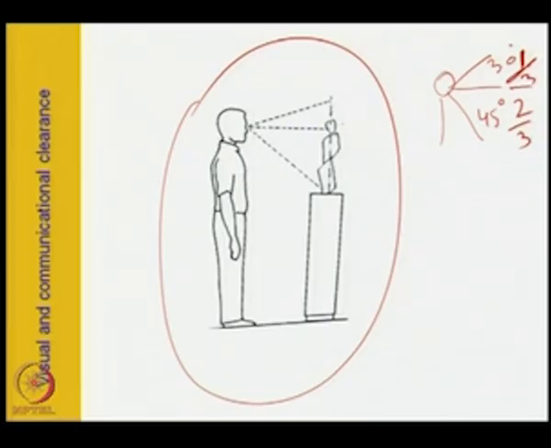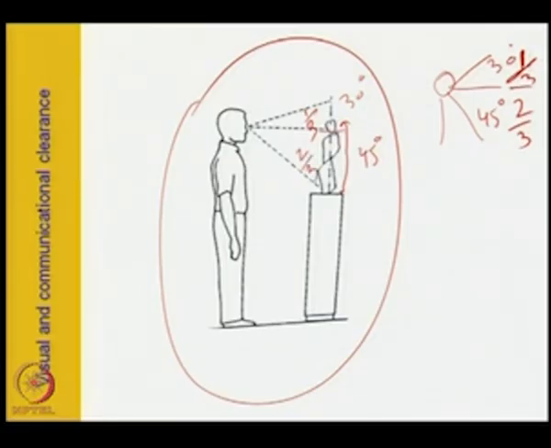So, if this is a product of interest, we want to exhibit it from the eye height, this may be around 30 degrees up and this may be 45 degrees below. So, this may be placed at 1/3 up this position and 2/3 below this position.